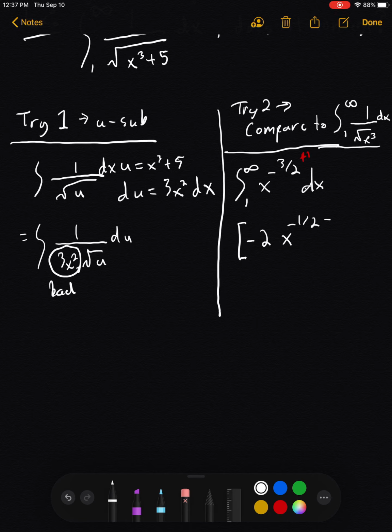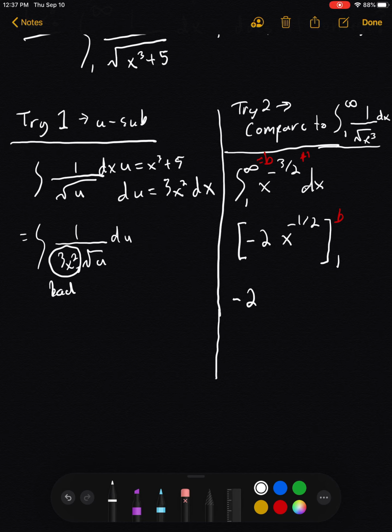And I can always take the derivative of that if I need to check my work, but I'm sure that's right. We'll take the infinity and call that b. So I'm going to evaluate this from 1 to b. So what do I get here?